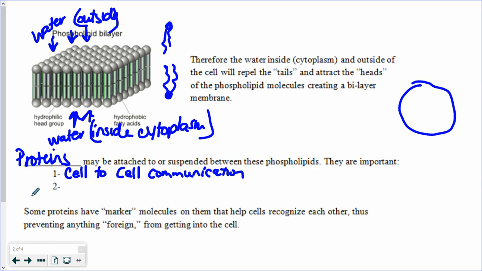And the other important reason for proteins is actually transport of substances across the membrane.